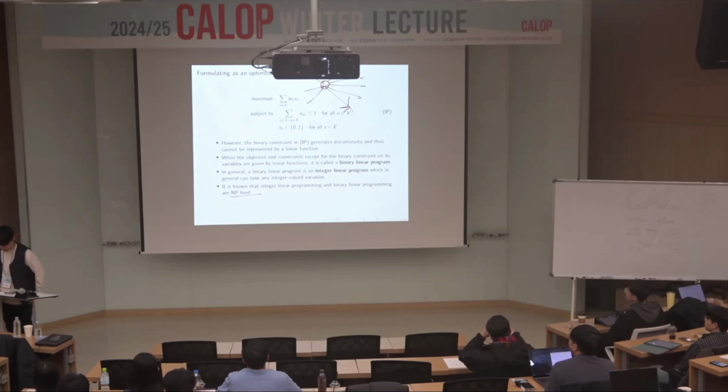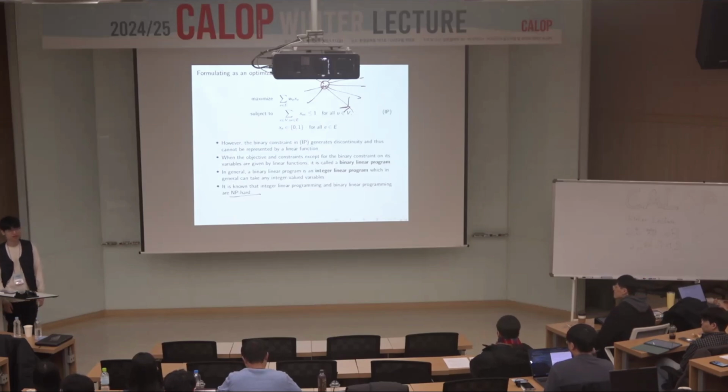Right. So the question was whether the integer linear program is something more general than the binary linear program. The answer is yes. For those of you who are interested, most of the important theory is built on the binary case, and it easily extends to the general integer case.